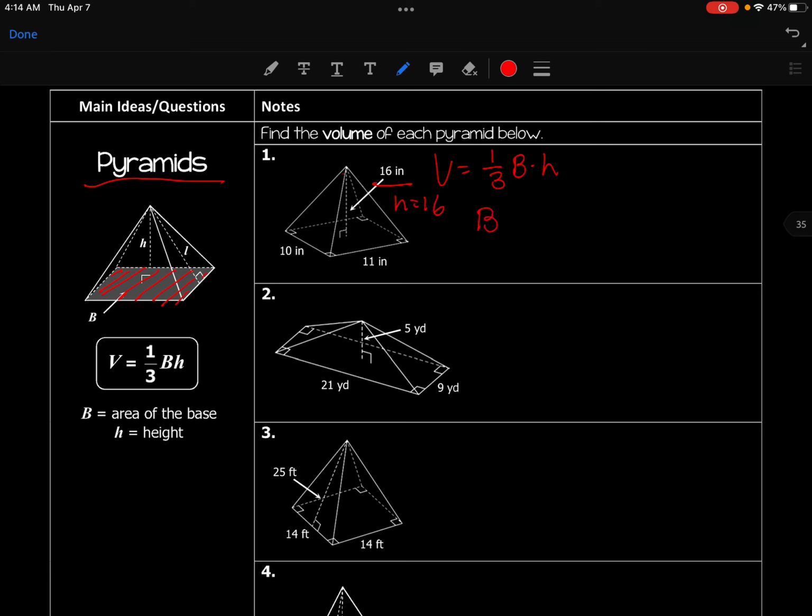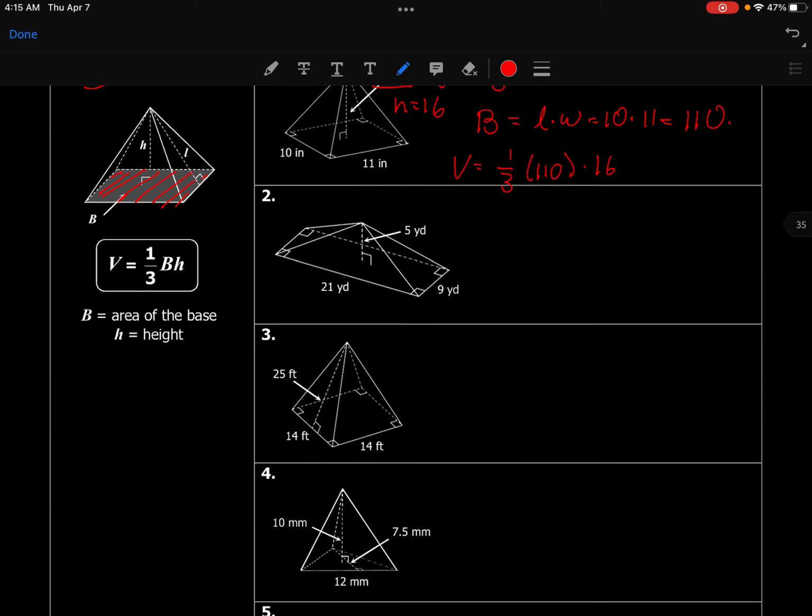The area of the base is equal to, in this case, it is a rectangle, so just length times width, which is equal to 10 times 11, which will give us 110. Therefore, the volume is equal to 1/3 times 110 times 16. You guys can do the math. I don't want to do that one.